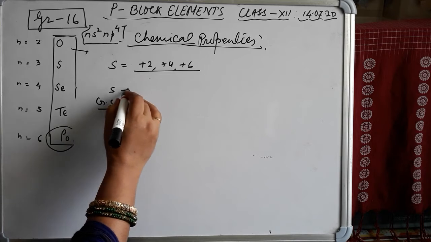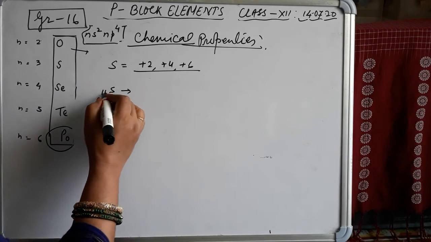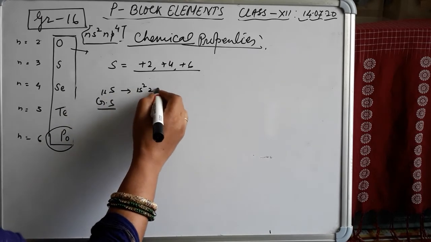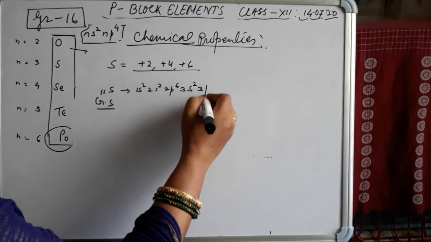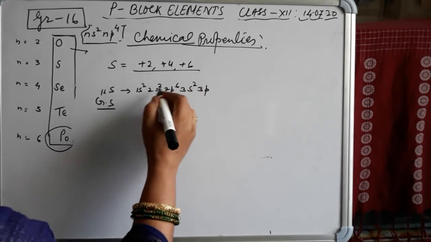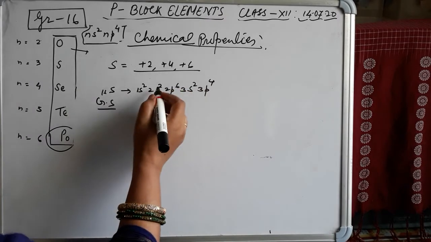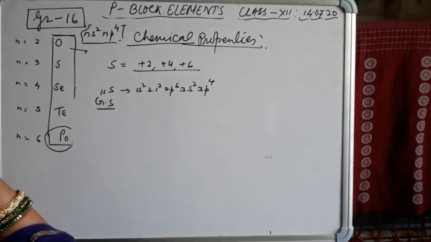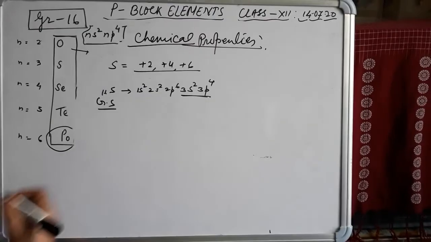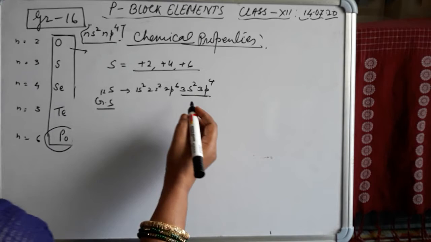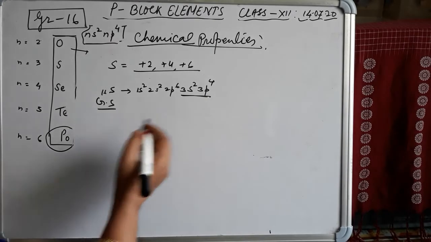The configuration of sulfur is 1s2, 2s2, 2p6, 3s2, 3p4, totalling 2, 8, 16. So we will take only these 2 orbitals for example, to see how they promote their electrons.